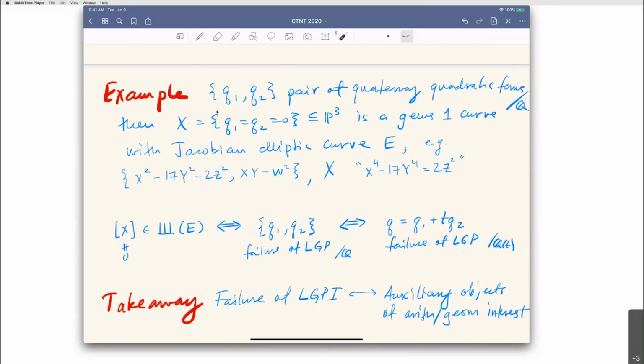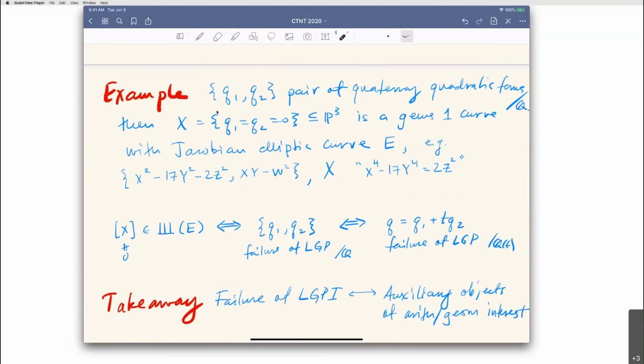And there's a little bit of extra work here, which is why you need to use all local places. In this step you really need to use also Hasse-Minkowski, because you need to avail yourself of discrete valuations that are non-trivial on Q, and then look at completions and so forth. So, okay.